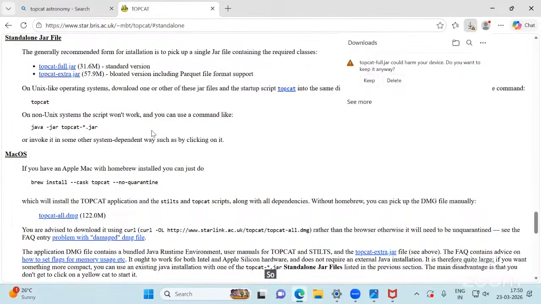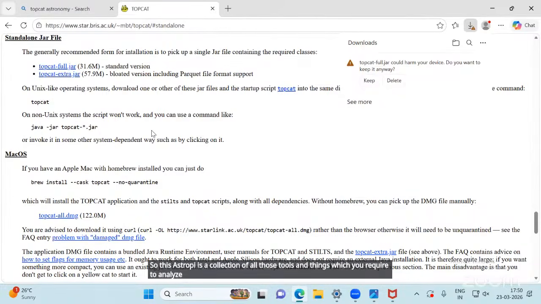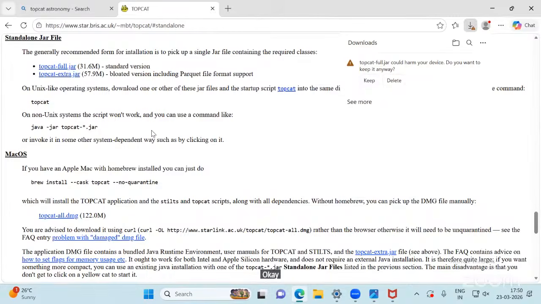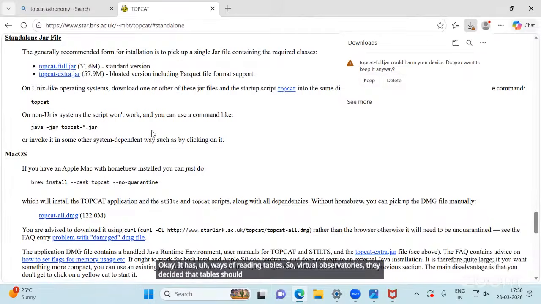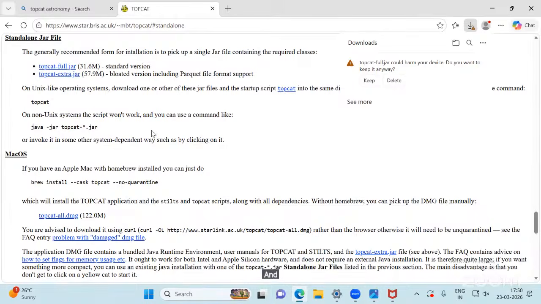So this AstroPy is a collection of all those tools and things which you require to analyze astronomy and astrophysical data, right? It has ways of reading tables. So virtual observatories decided that tables should be shared in a certain format which is called VO tables. And Python allows you to save data, read data from your table or write it into that.